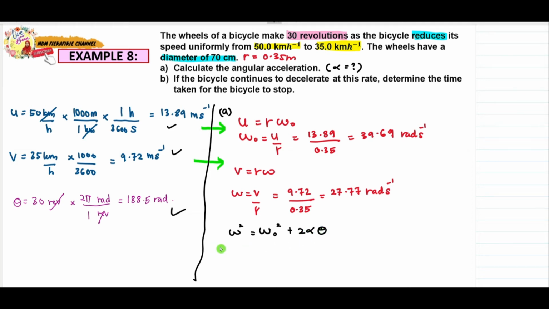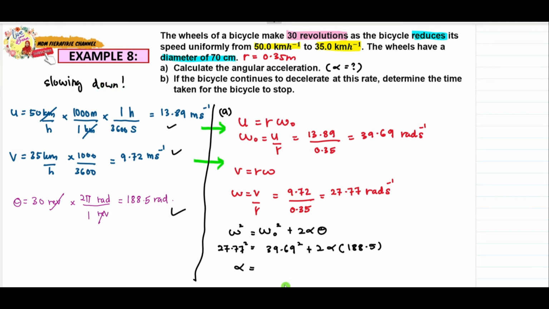Based on the information that we have, we substitute first, and then we can find alpha. What is the value of alpha? Make sure you press the calculator carefully. You will get alpha as negative. Why? Because it is slowing down.